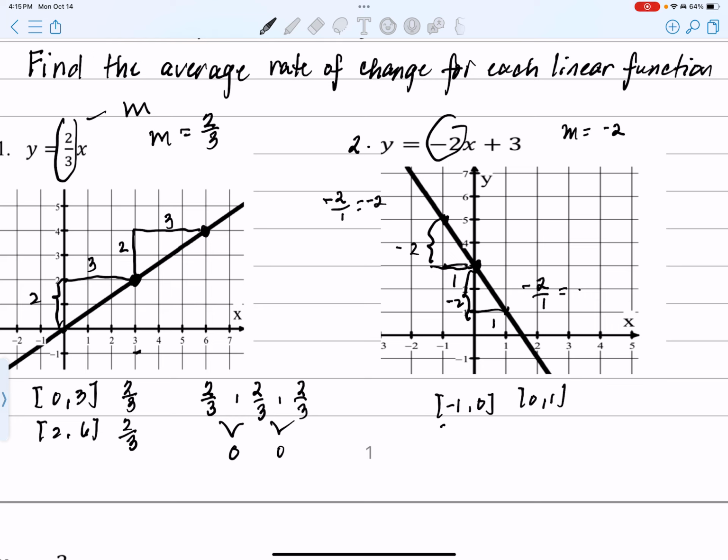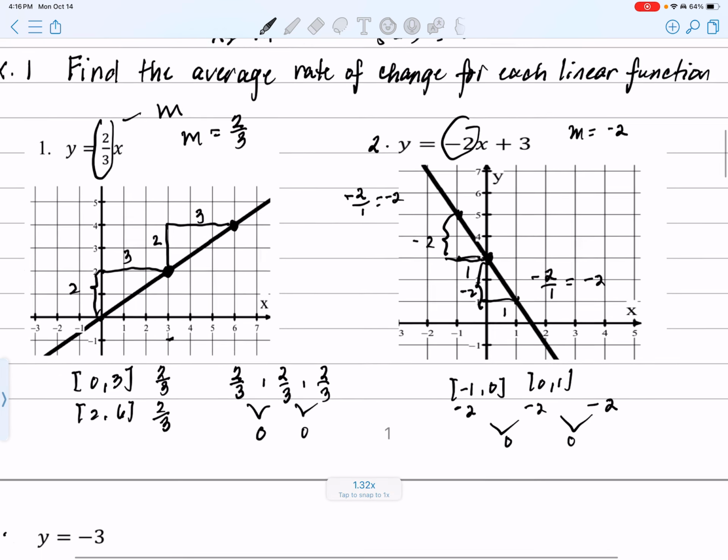That is still a negative 2. So I have the rate of change as negative 2. If I get the rate of change of the average rate of change, I will expect that there is another negative 2 here. So the rate of change of the average rate of change will be 0. Okay, that is what we mean with that.